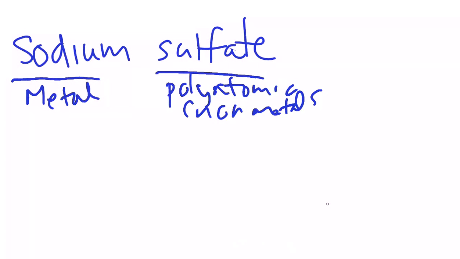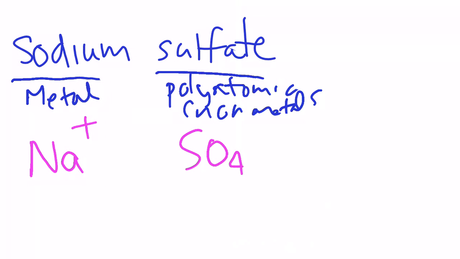All right, so we're going to look at the charge on sodium. We're going to write the symbol, Na. Sodium is in group 1A, so it's going to have a +1 charge as an ion. Sulfate, which you've memorized because I asked you to remember all of the polyatomic ions, is SO4. SO4, sulfate, has a 2- charge on it.